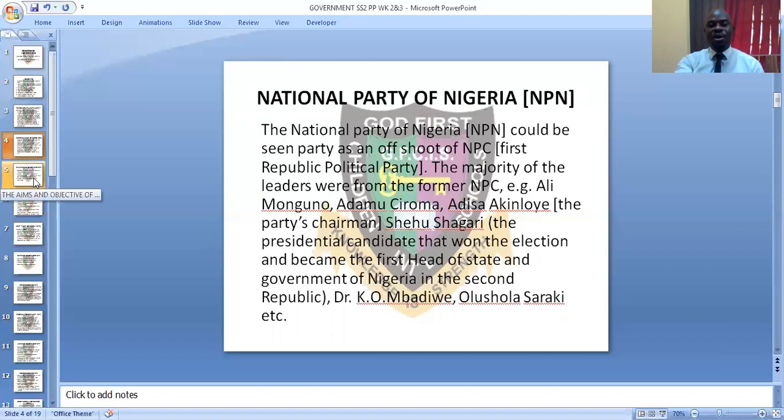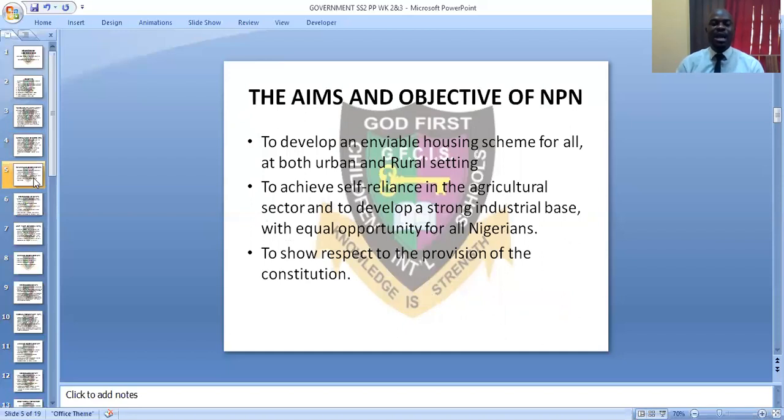Then let's look at the aims and objectives of NPN. NPN aimed to develop an enviable housing scheme for all, in both urban and rural areas, in the sense that they planned that when they got into power, they would formulate a housing scheme that would make life bearable for all citizens, in the urban area and likewise in the rural area.